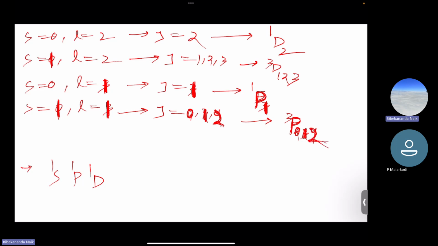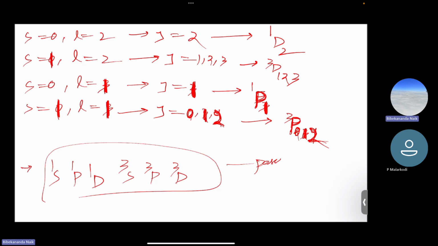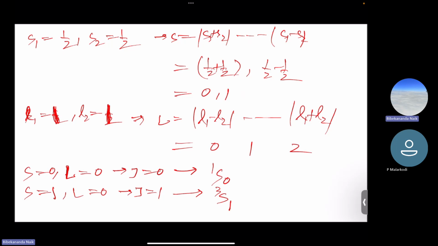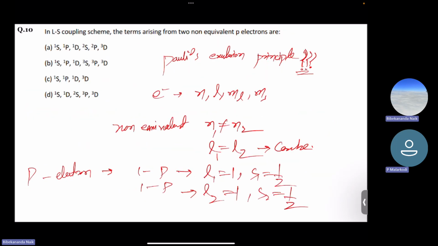So 1S, 1P, 1D, 3S, 3P, 3D. These are the possible terms when two p electrons which are non-equivalent undergo LS coupling. Is this clear? Yes, sir.